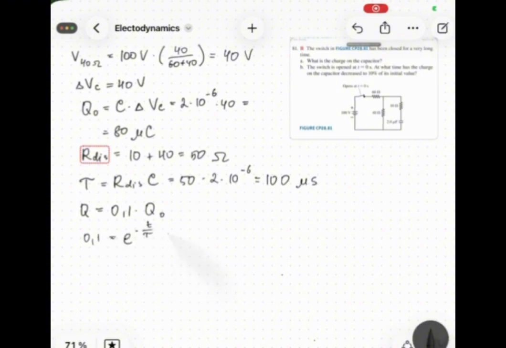Like the formula before, I write it here. Let's take ln as well, with negative t divided by tau. Easily we can find the time.